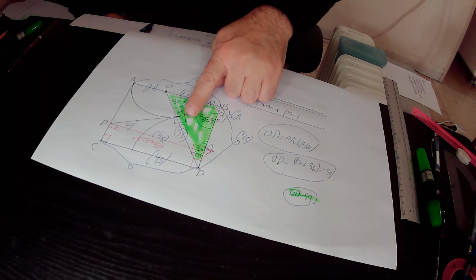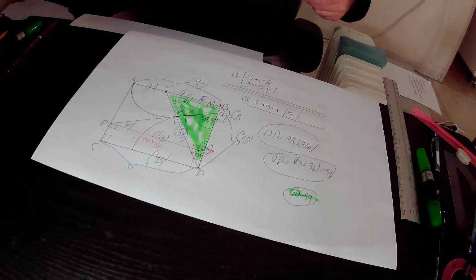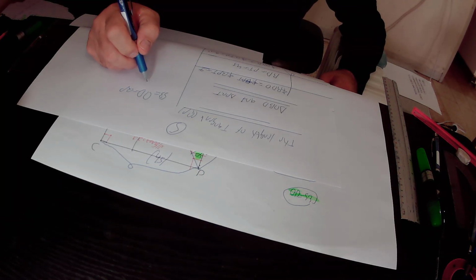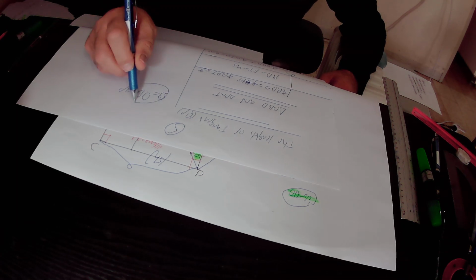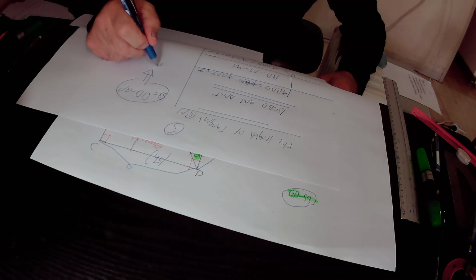But we already found out that OD equals 53. So we can write that OD equals 53 units in its length. And from this equation, 53 equals OD equals QP, we derive that QP must also be equal to 53 units in its length.